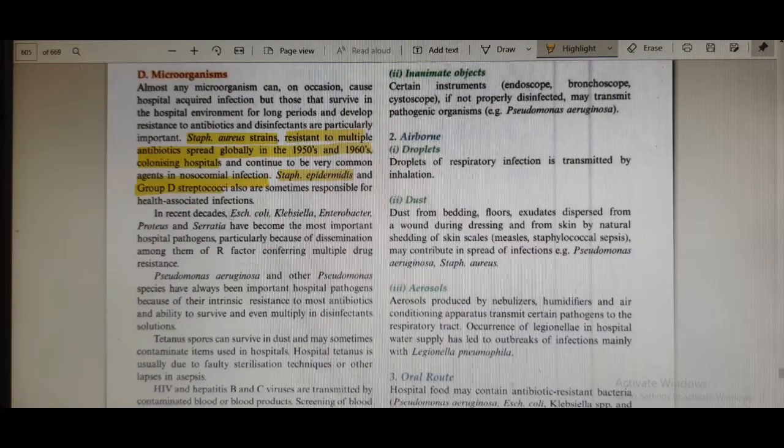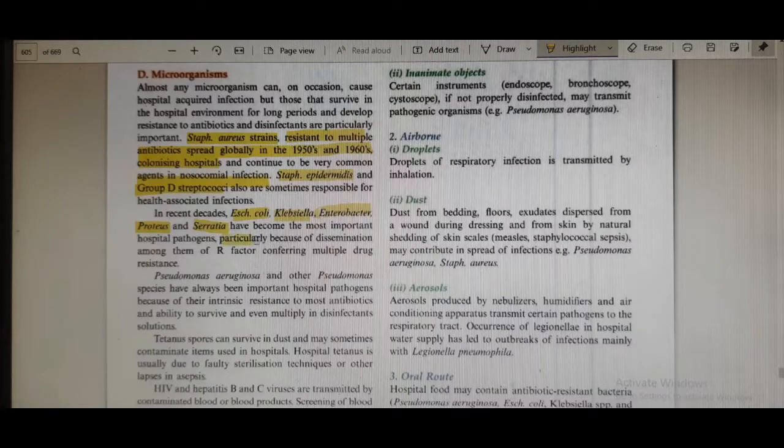In recent decades, you can find that Escherichia coli, Klebsiella, Enterobacter, Proteus, and Serratia are the different microorganisms that have been causing hospital acquired infections. This is particularly because of dissemination among them of R factor conferring multi drug resistance.